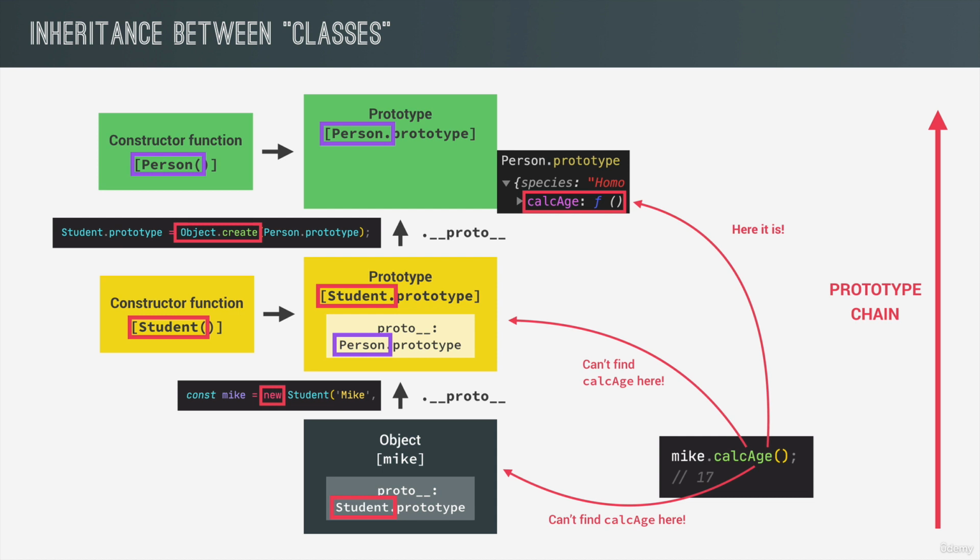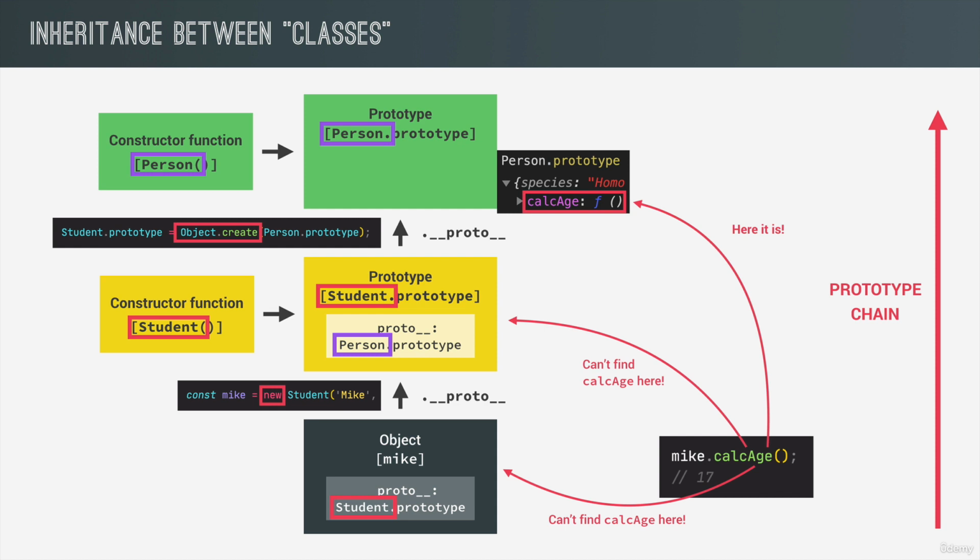And that's the whole reason why we set up the prototype chain like this, so that the Mike object can inherit whatever methods are in its parent class, basically. So in summary, we are now able to call a method that is on a Person's prototype property on a student object, and it still works. So that's the power of inheritance.